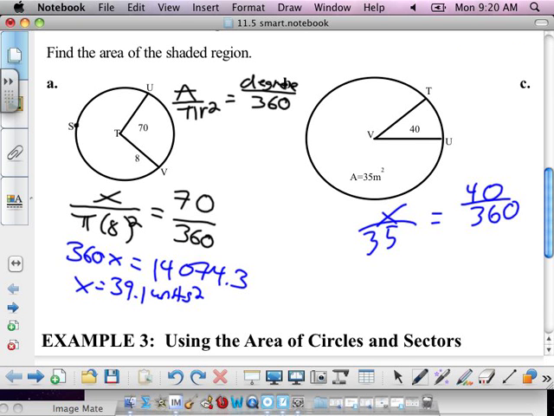So I get 360x equals 40 times 35, which gives me 1400. I divide that by 360, and I get x equals 3.9 meters. That is your area of the sector. Since it didn't ask us to find our radius, but we could go 35 equals pi r squared, but instead of putting in pi r squared down here, I just stuck in 35.